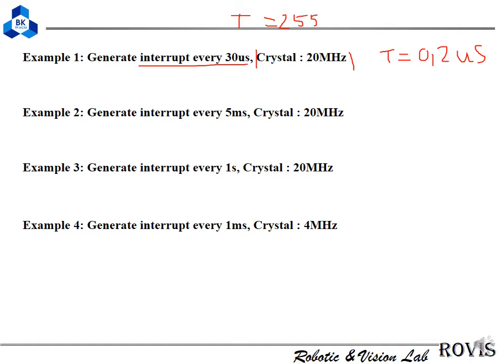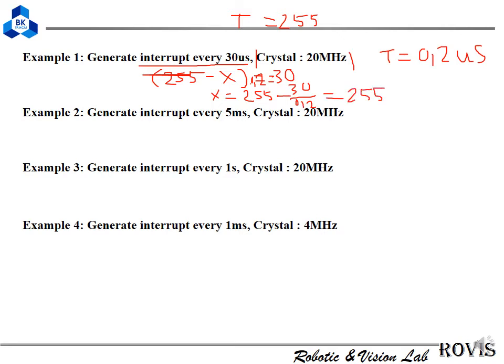So we have the equation (255 - x) multiplied by 0.2 equals 30, where x is the initial number for the timer, the number we have to generate for the first time. So x will be 255 minus 30 divided by 0.2.